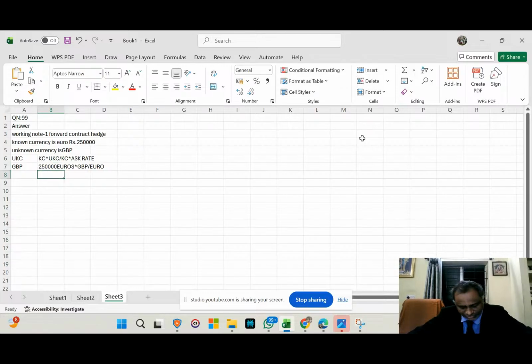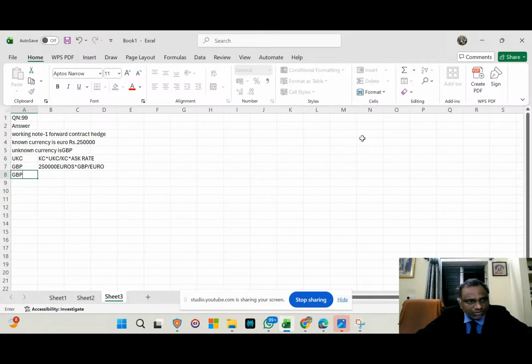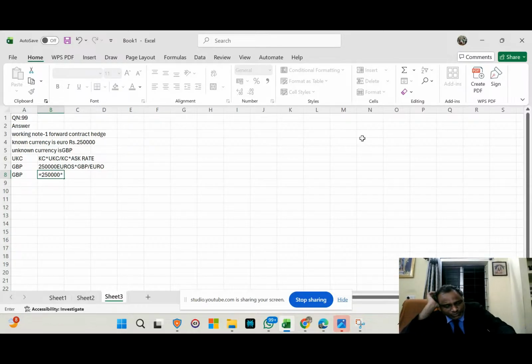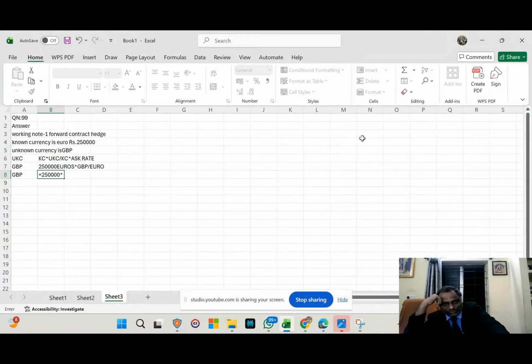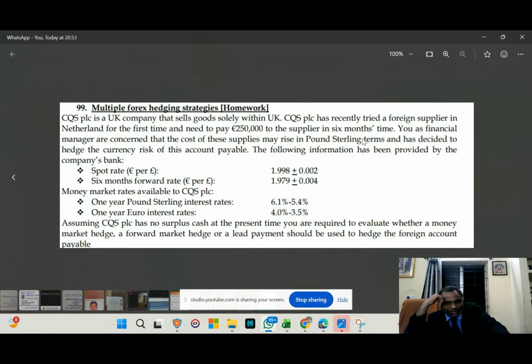Now we want to understand: GBP is equal to known currency 2,50,000 into GBP by euro. Is that available? Here what is available is euro per GBP. So then we want the ask rate, right?